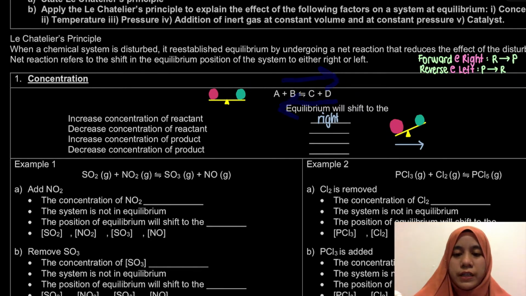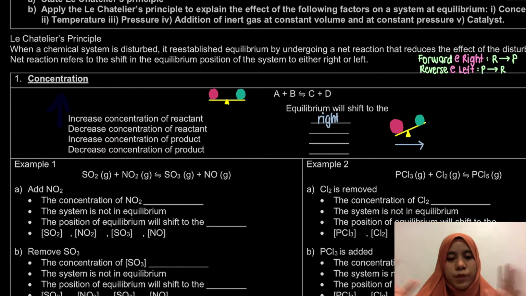Kalau dia nak ke kanan, produk kita banyak form. Kalau kita buat dia ke kiri, reaktan kita lagi banyak form. Sedangkan kita tahu kalau kita dah increase concentration of reactant, kita nak make sure balance, kenalah increase balik concentration of product. So that's for the increase concentration of reactant.